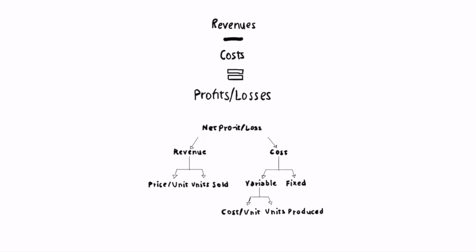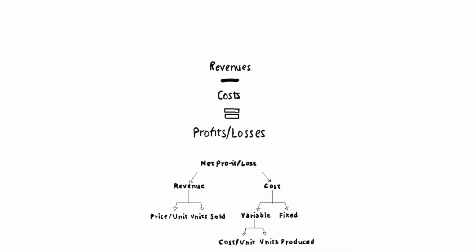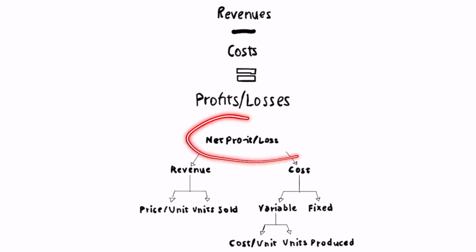Now, you know that at a fundamental level, a business is made of two main components: revenues and costs. If you take costs from revenues, that's how you get either profit or losses. So a company can either generate profits or lose money. Before we get to it, you need to understand that the net profit or net loss will be made, as we saw, from revenue and cost.